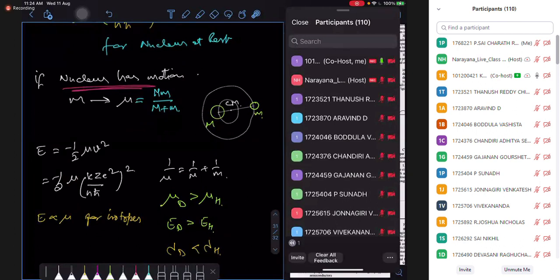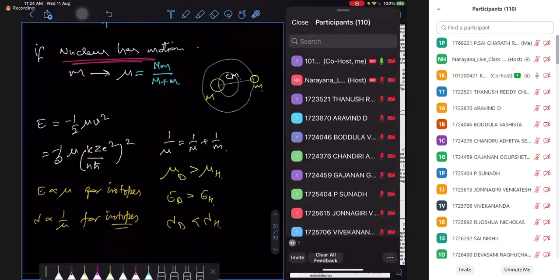So I can say the wavelength is inversely proportional to mu for isotopes. For the same Z value and the same transitions, isotopes differ, the nucleus differs, so lambda is going to differ.